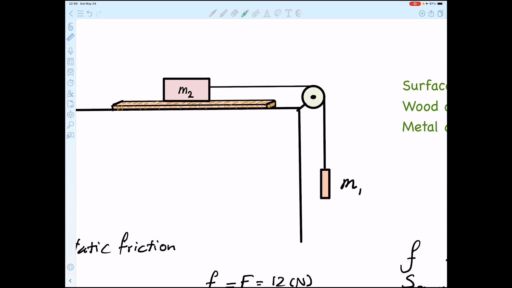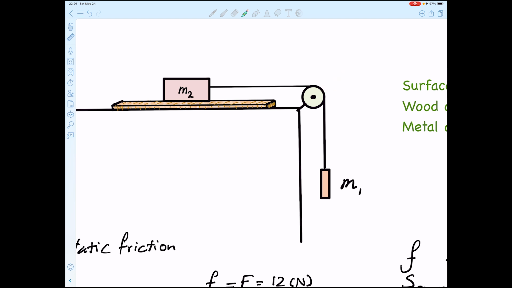And then we'll have a string connected to another mass, a hanging mass, M1. We think that the friction is negligible. That's one of the assumptions that we always have, and we also think that there is no friction involved in the pulley.